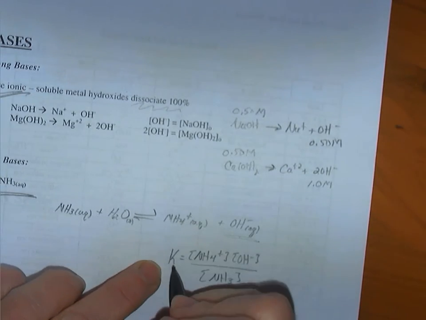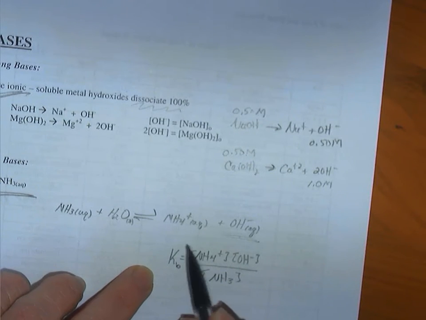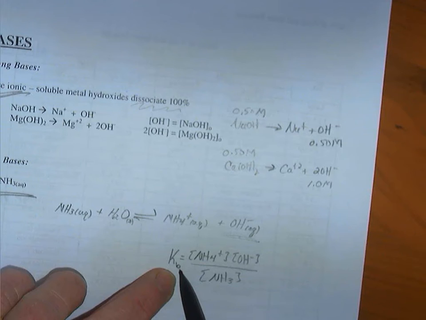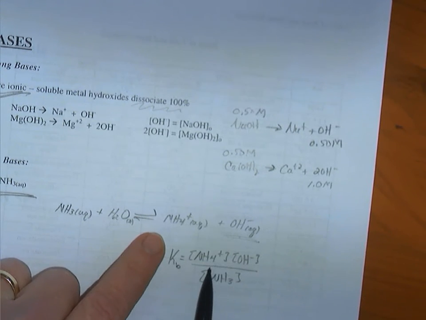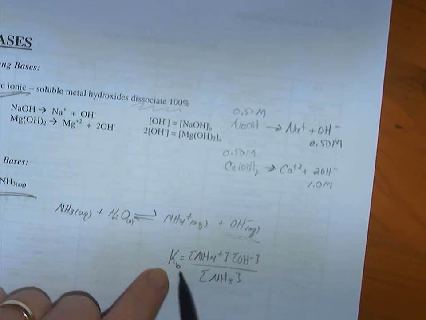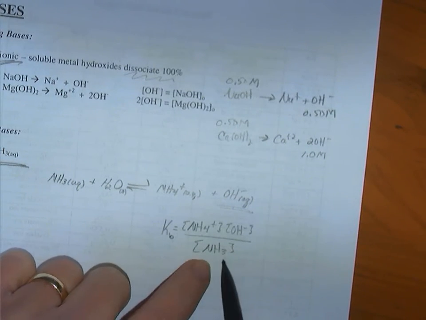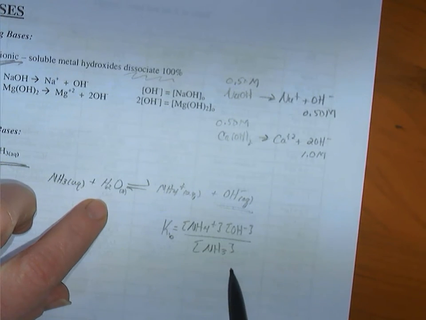Well, Kb, which would be the equilibrium constant for base behavior, is we're creating the conjugate acid and hydroxide, divided by the equilibrium concentration of our base. And again, water does not show because it's a liquid state.